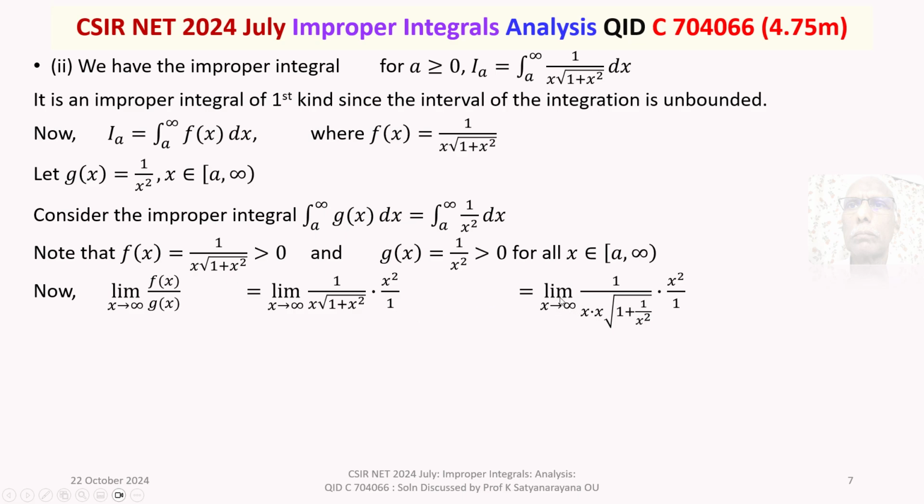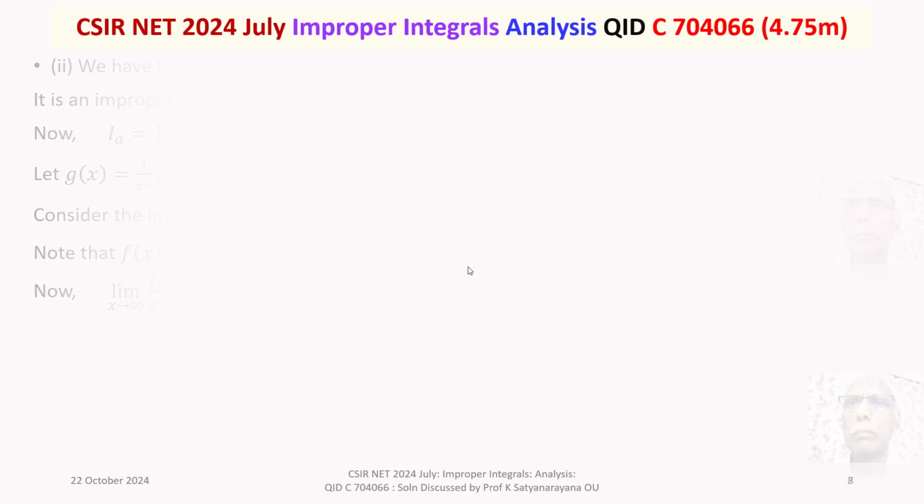Now limit x tends to infinity of 1 by x into, take an x square common under the square root, that will come out as x out of the square root, x into x, and under the square root of 1 plus 1 by x square, multiplied by x square by 1. Now this is limit x tends to infinity of 1 by the square root of 1 plus 1 by x square. Take the limits, you get 1, which is a non-zero finite number. So you can apply the limit comparison test.